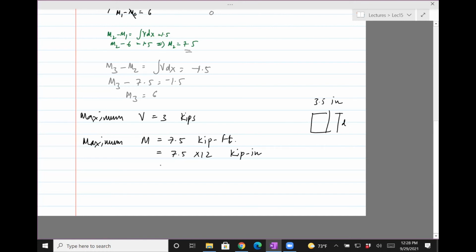Okay, so that comes out to be 90 kip inch, or 90 times 10 raised to 3 lb force inch. You could also convert that to lb, 3 times 1000, so 3000 lbf.